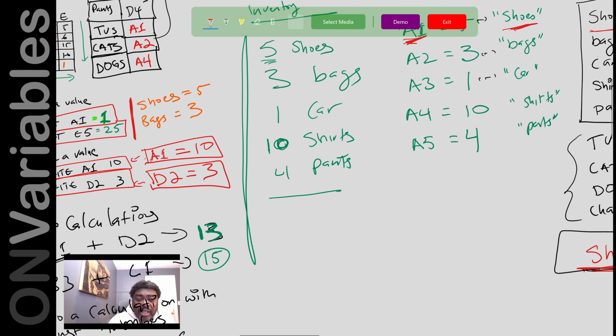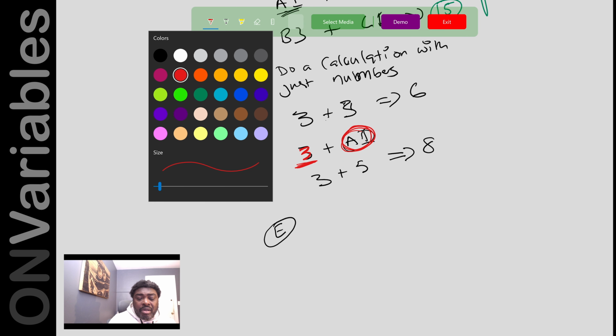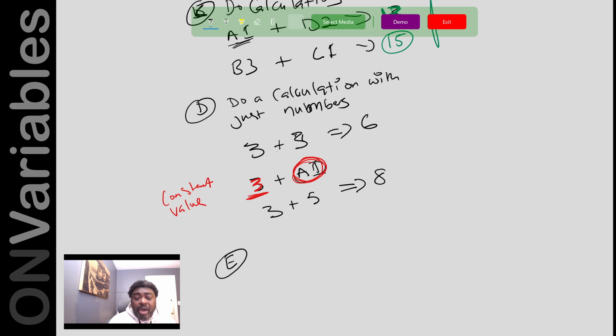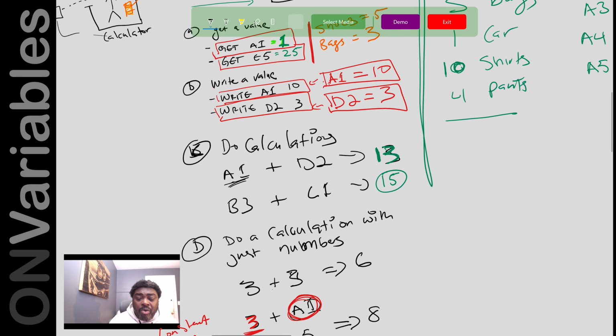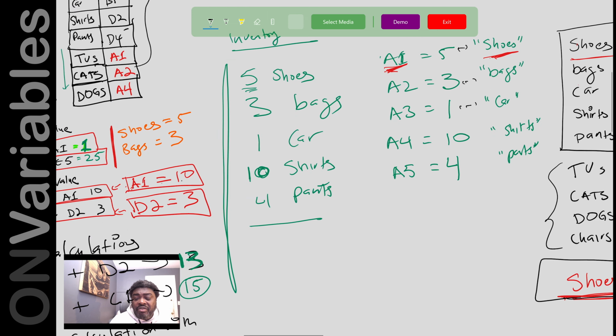Then what I need is something in my programming language that will let the calculator know, the person inside the box, that this value, when I give it to you, I don't want it to change. Now, we already know that the normal way that we store value is we just use something equals something else, right? So shoes equals 5.